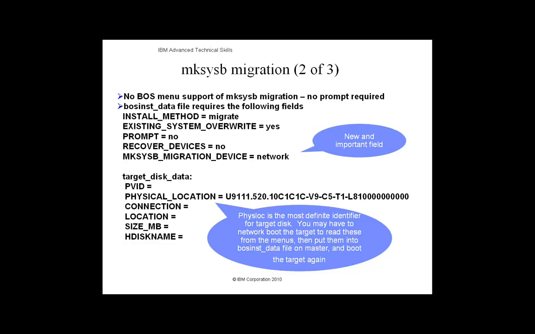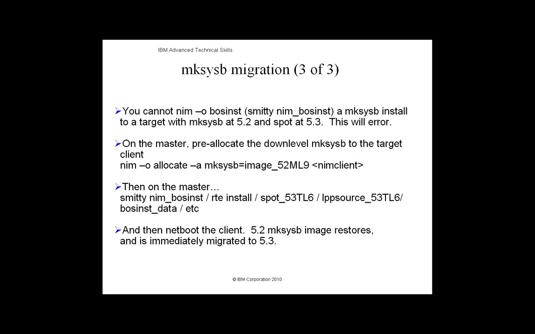So I need a bosinst data file with these settings. I'll take it through and NIM define it. And the last trick to this thing, you can't just nim -o bos_inst a mksysb install to a target LPAR if your mksysb is at 5.2 and your SPOT is at 5.3. It's going to give you an error. It's going to fail you.